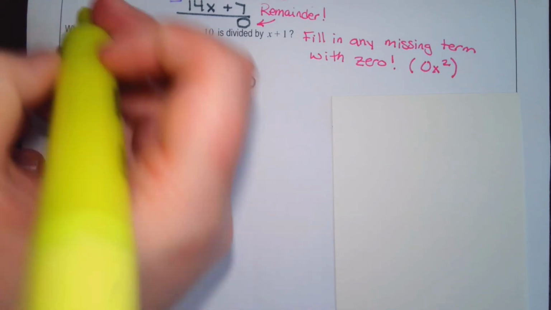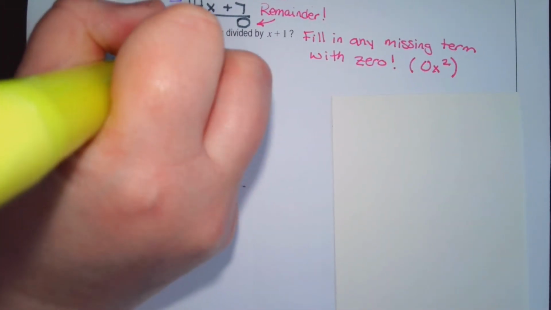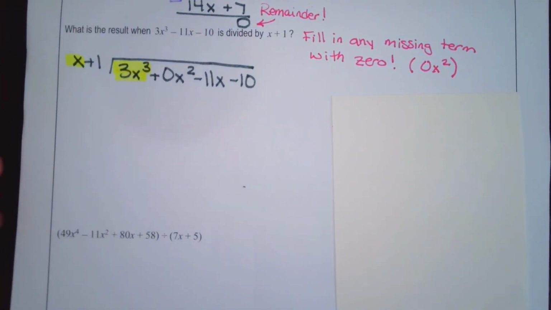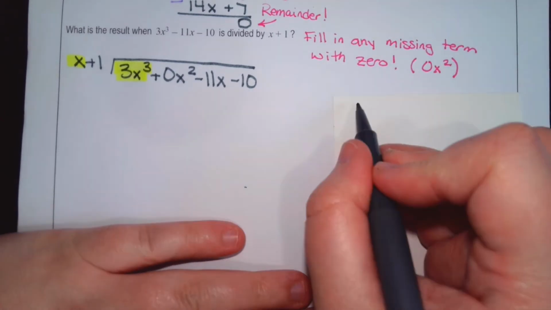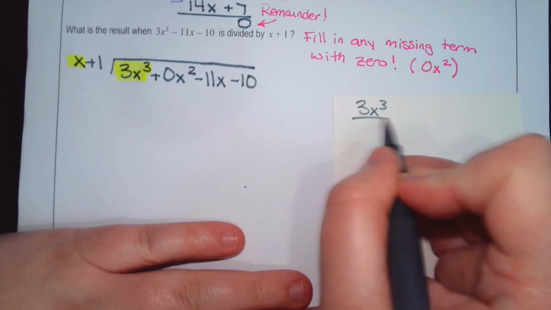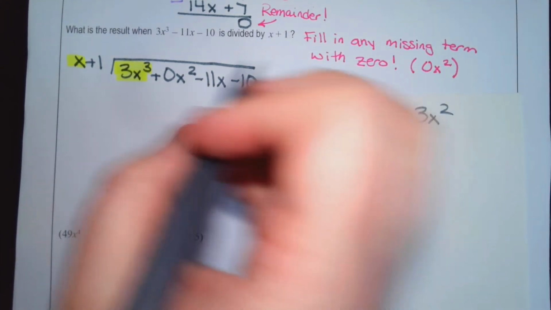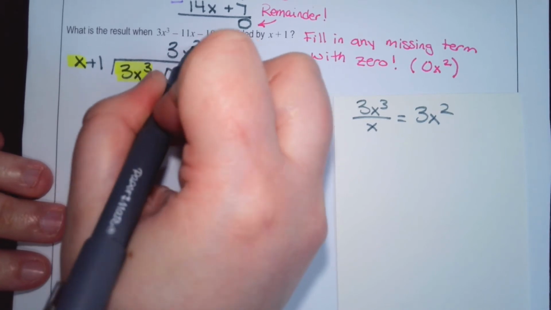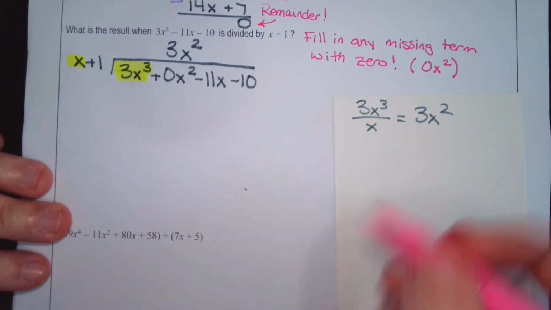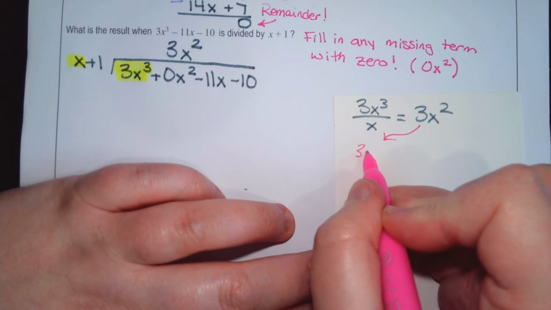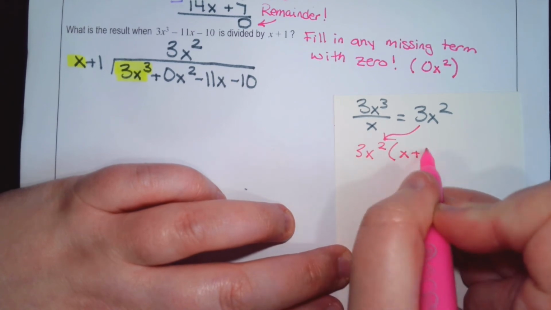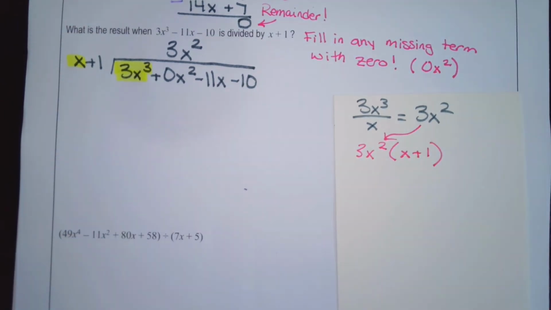So we identify our leading terms first, and now we divide. So 3x cubed divided by x is going to be 3x squared. Now we take that 3x squared and we multiply it by the binomial.